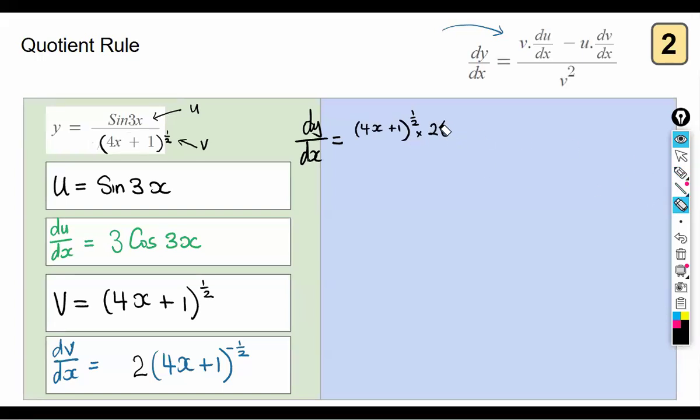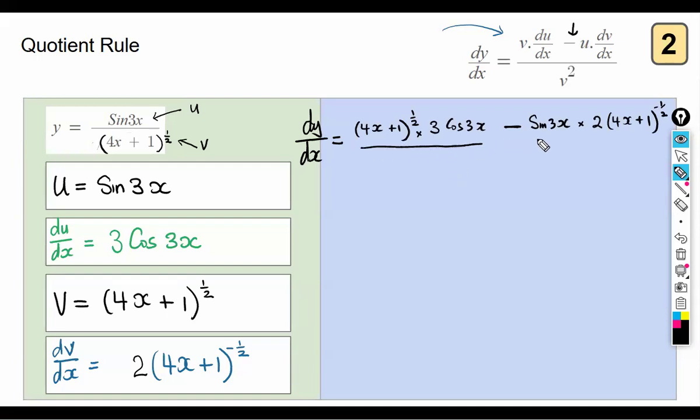No. du/dx is over here, sorry. du/dx is 3 cosine 3x. 3 cosine 3x. You must put a minus sign. That's this here. Where's u? u is sine 3x multiplied by dv/dx, which is 2 (4x plus 1) to the power minus a half.